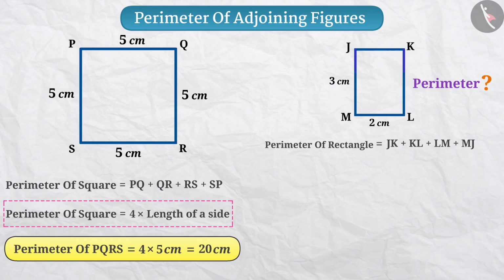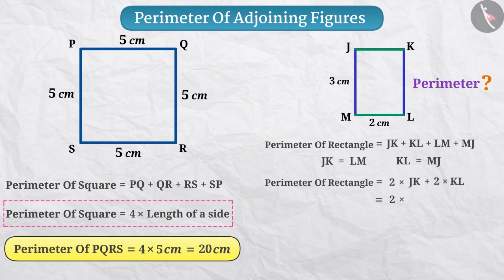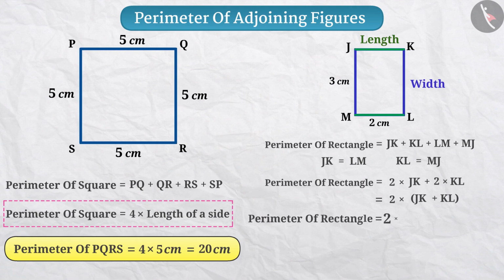But the opposite sides of the rectangle are equal, as JK is equal to LM and KL is equal to MJ. So, we can say that the perimeter of the rectangle is 2 multiplied by JK plus KL. If we term the side JK as the length of the rectangle and the side KL as the width of the rectangle, then the perimeter of the rectangle is equal to 2 multiplied by length plus width.